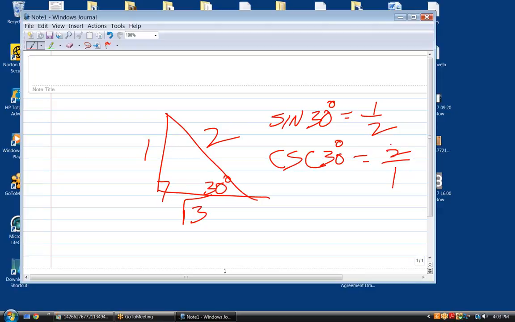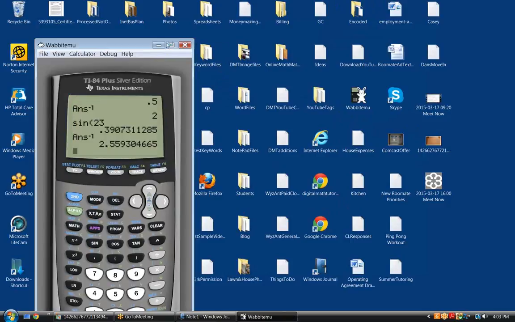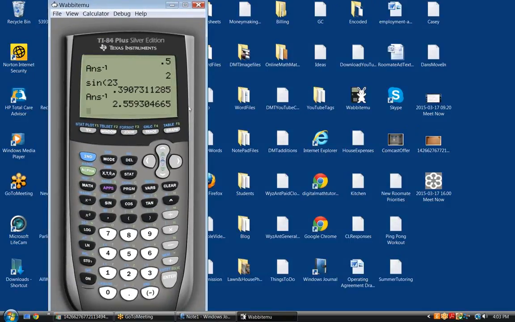Okay. I bet I'm going to have to reboot before I can finish the session, but we'll see how far I can go. So if I wanted the cosecant of 30 degrees, I would type sine of 30.